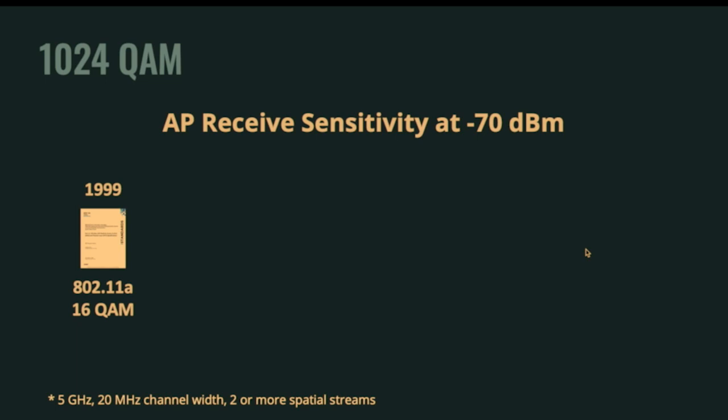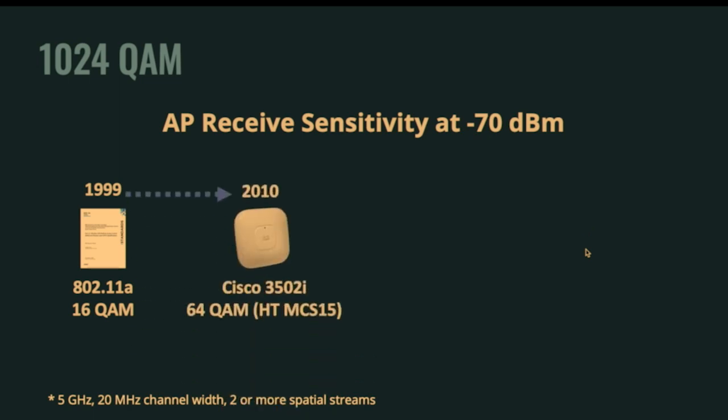We can compare those to what the standard says the minimum receive sensitivity is. Just looking at minus 70 dBm, the bar was set by 802.11a in 1999, which said you've got to be able to do 16 QAM. You need to be able to demodulate that at minus 70.